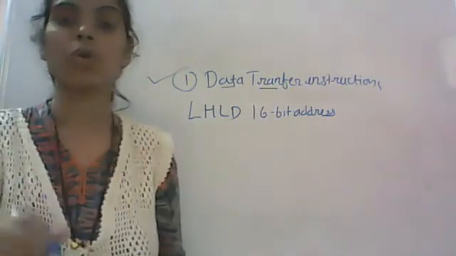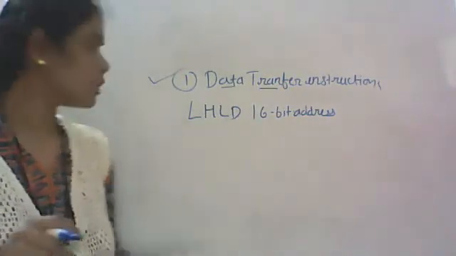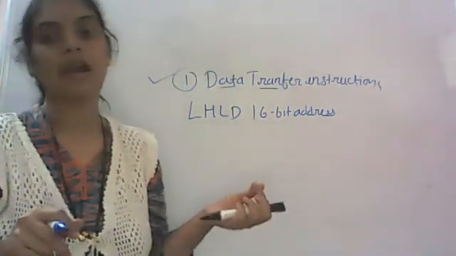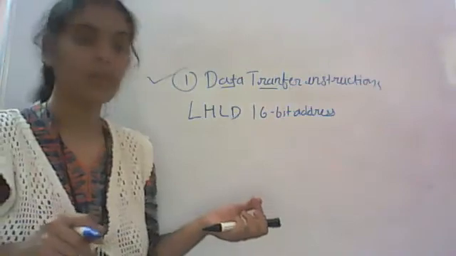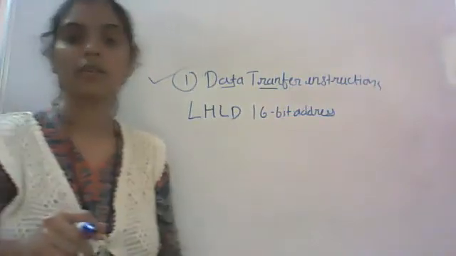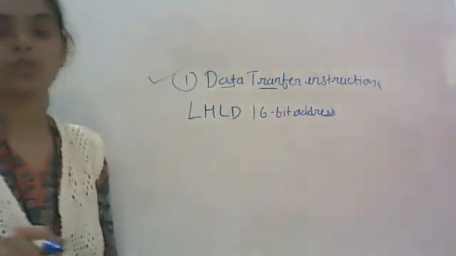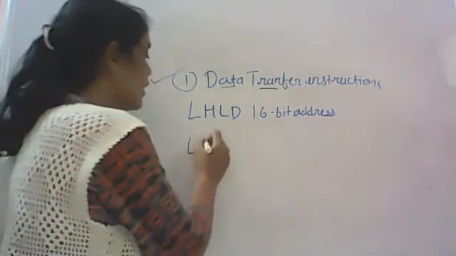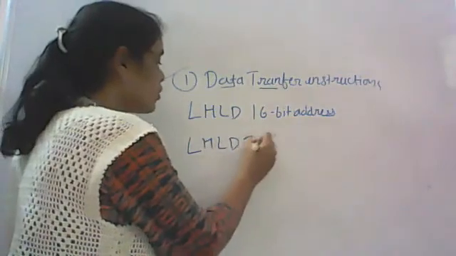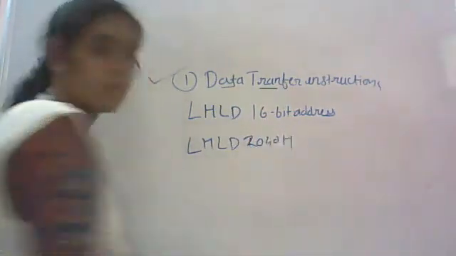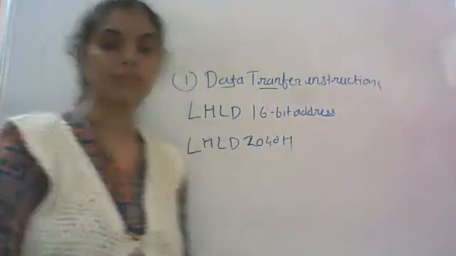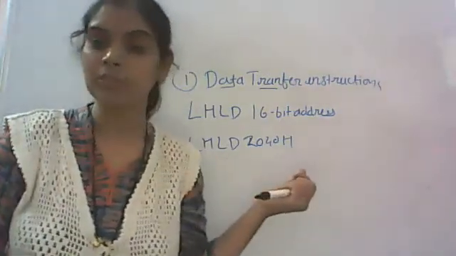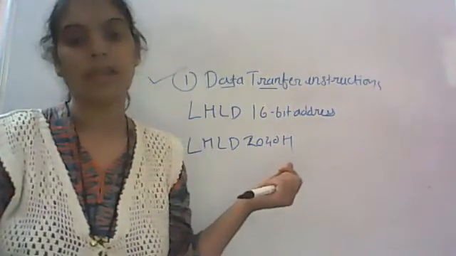This instruction copy the content of memory location point out by 16-bit address into register L. It copy the content of next memory location into register H. For example, LHLD 2040 hex. In this instruction, copy the content of next memory location into the H.